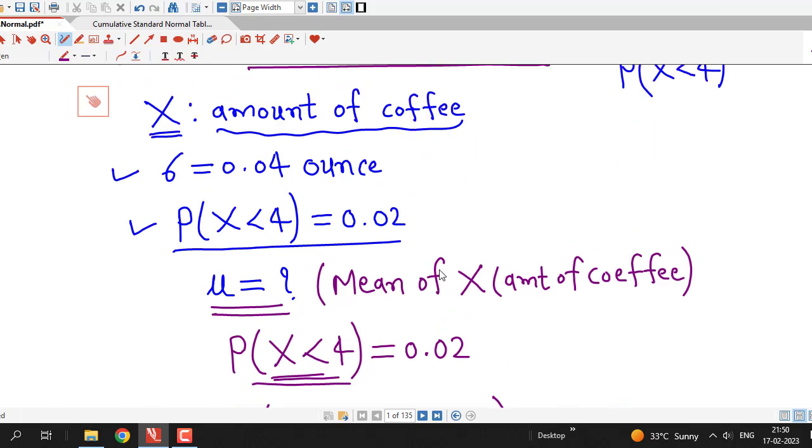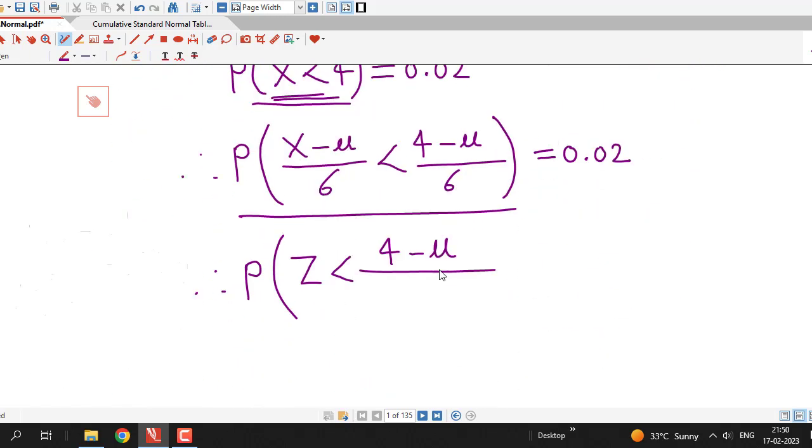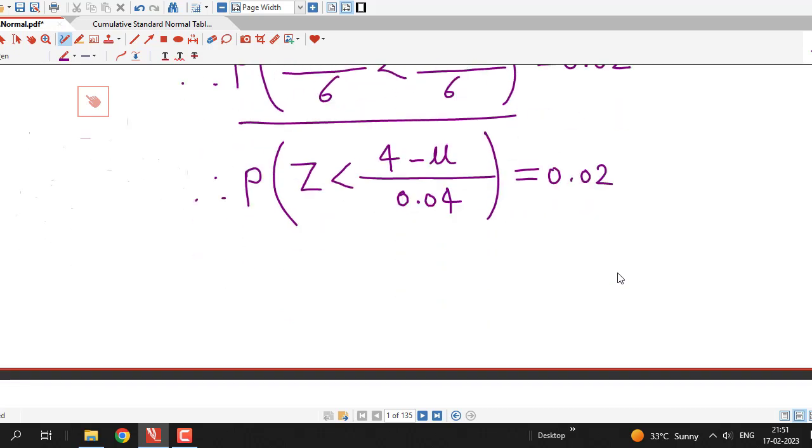Sigma is given, it is given that sigma is 0.04, so we substitute the value of sigma here, and this is equal to 0.02. This means we have to decide this value of Z such that the probability that capital Z is less than this value is equal to 0.02.